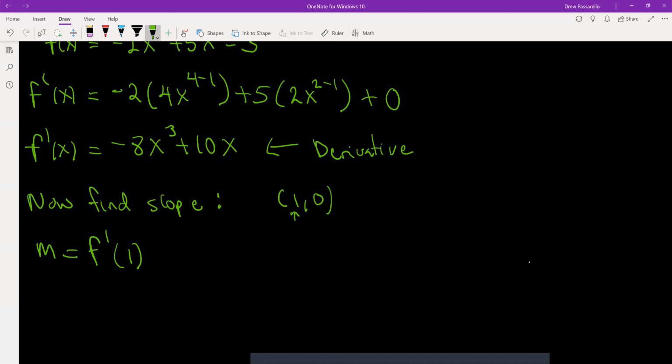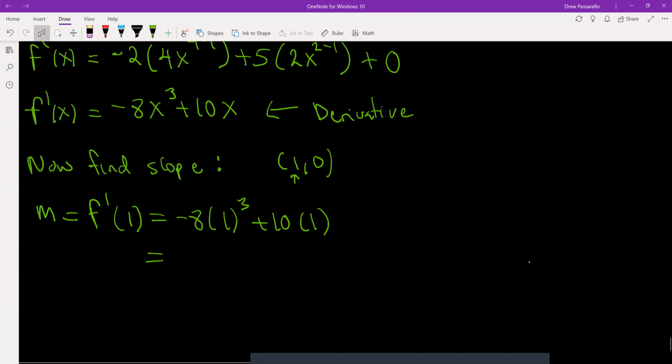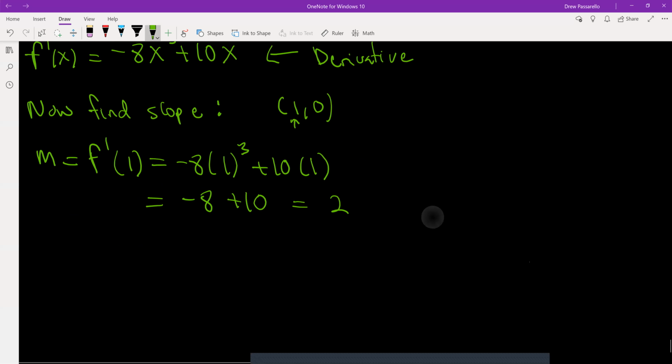So instead of negative 8x cubed, it's going to be negative 8 times 1 cubed, and then plus 10 times 1. 1 to any power is just 1, so this is just negative 8 times 1, and that's going to be negative 8, and then plus 10. So you get this to be 2. So the slope of the tangent line is 2.